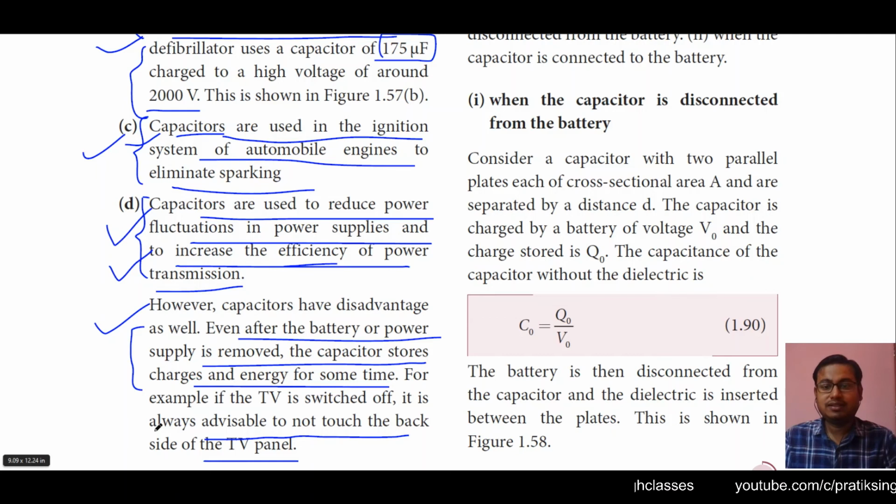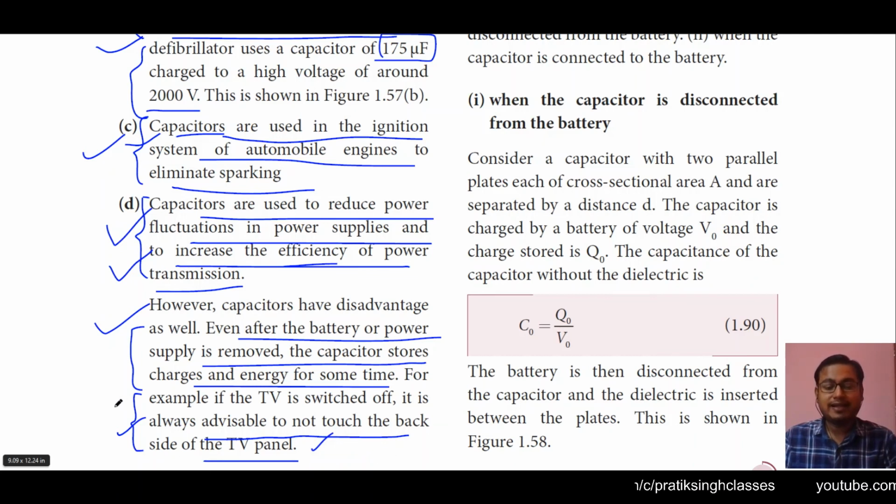Sometimes you might have seen that when you switch off the TV and bring your hand near the screen, you get goosebumps. That happens because the energy is still stored in the capacitors of the TV. So that is the disadvantage. Capacitors take some time to go from the upper charge limit to 0. That is why it is advisable not to touch any electronic device after it is switched off.